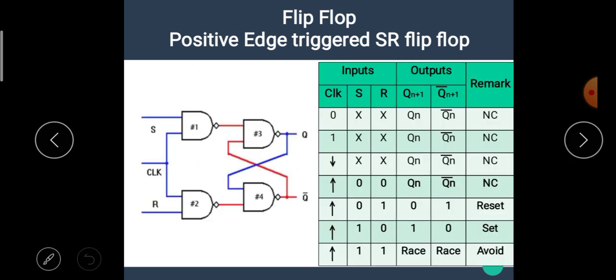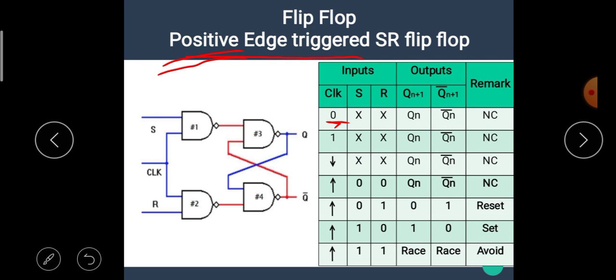Now let's see the function of the SR flip flop. Here we are going to see the positive edge triggered SR flip flop. If the clock has the value 0, it means that it is low level triggered. But we are going to see positive edge triggered flip flop.